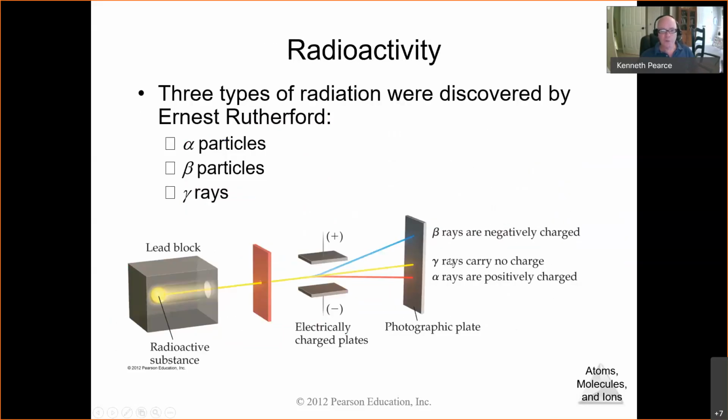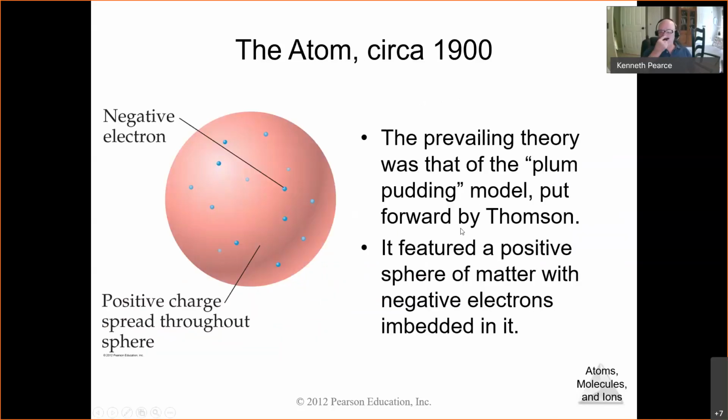And so because we have these positive and negative particles, J.J. Thomson, same guy who discovered the electron, realized, and the importance of this plum pudding model is that we already knew that atoms are electrically neutral unless you do something to them.